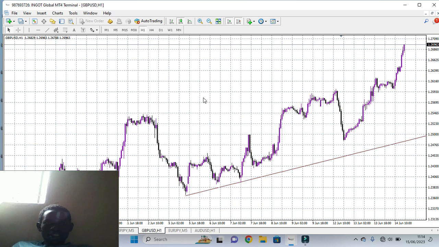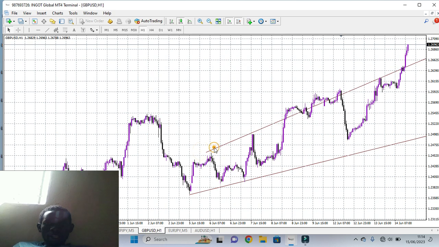Therefore, let me just draw one here so that it will enable you to know when the trend may come down. There guys, this line enables you to know when the trend may come down.